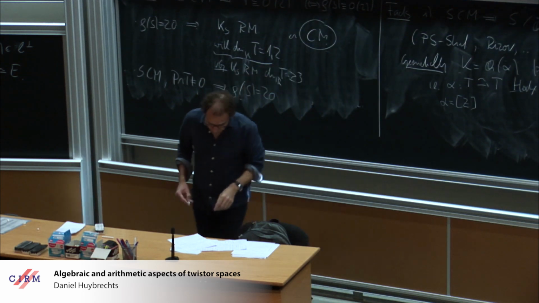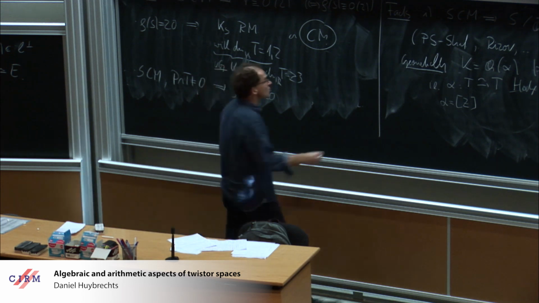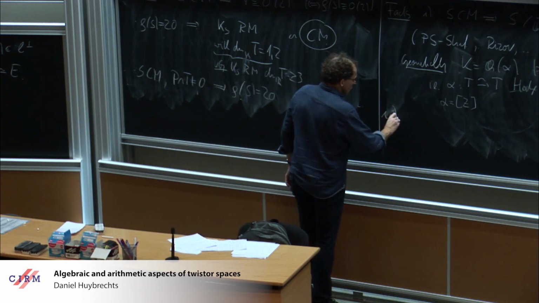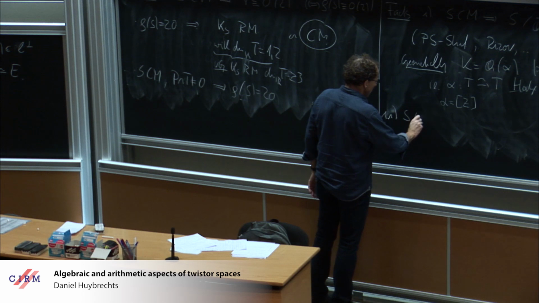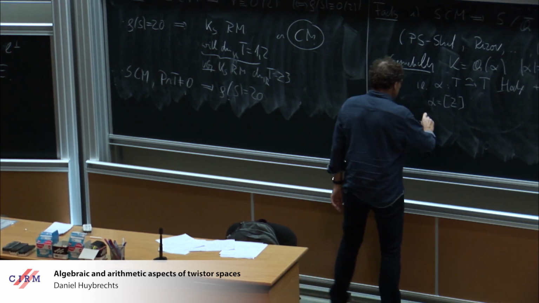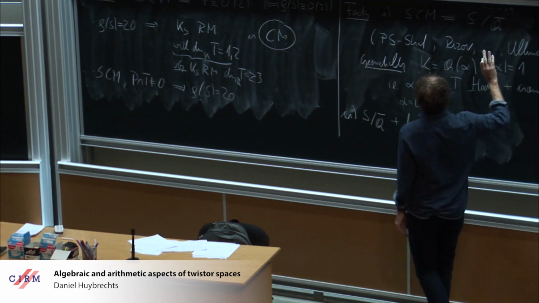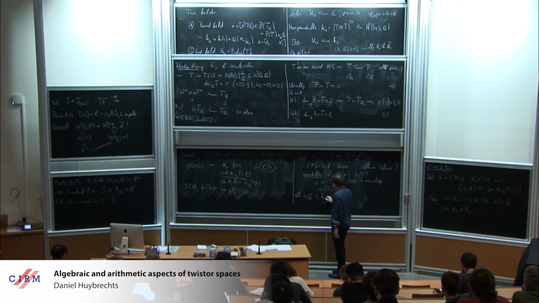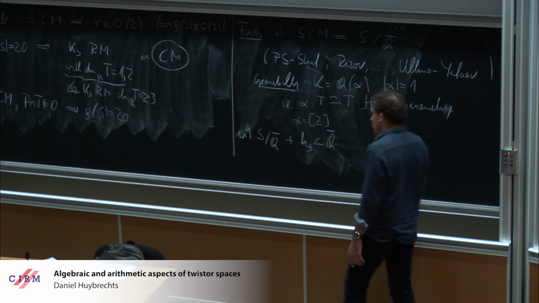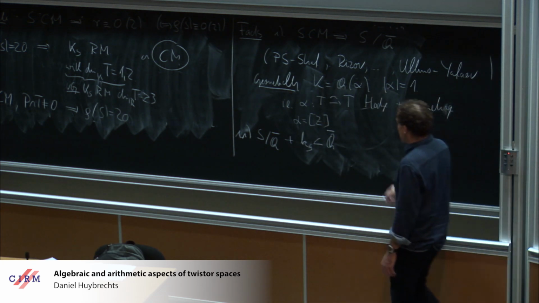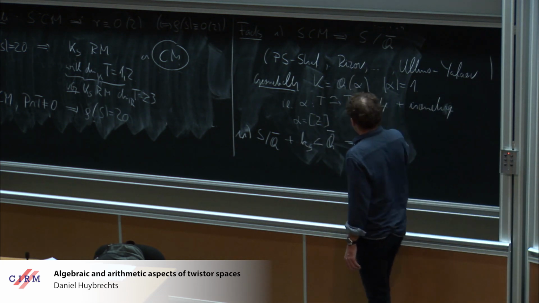Suppose you start with a K3 surface defined over Q bar, and you assume that now it's not about the endomorphism field, but about the period field, and the period field is algebraic. Then in fact you are automatically in the CM case.